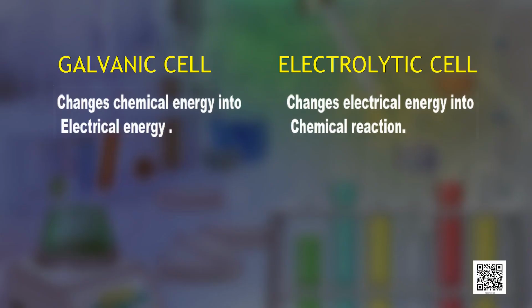Also, we may now differentiate between the two types of electrochemical cells, galvanic cells and electrolytic cells. Galvanic cells change chemical energy into electrical energy, while electrolytic cells change electrical energy into chemical energy.